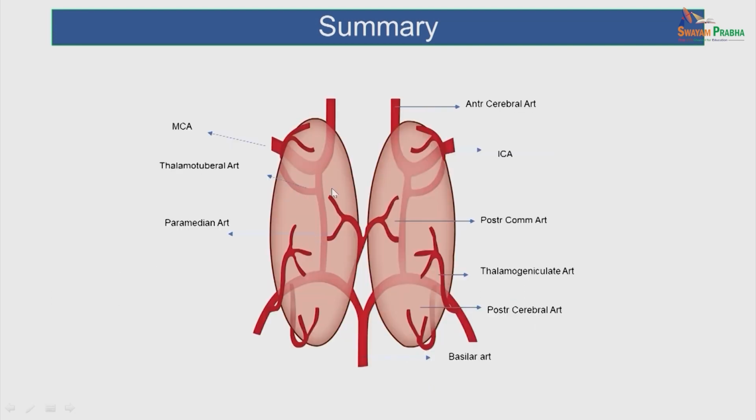Now coming to the blood supply, the perforating arteries supplying the thalamus, both on the medial and lateral surface and the anterior and posterior part, are the thalamotuberal arteries and thalamogeniculate arteries, which are branches from the posterior cerebral, posterior communicating and also the posterior choroidal and middle cerebral arteries.